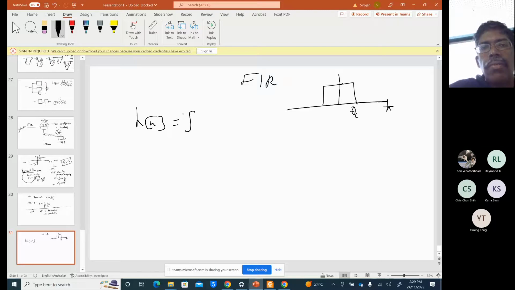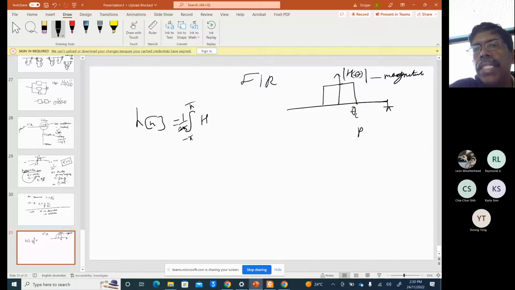It is 1 over 2 pi, integral from minus pi to plus pi, of H(theta). This is mod of H(theta), which is the magnitude response.